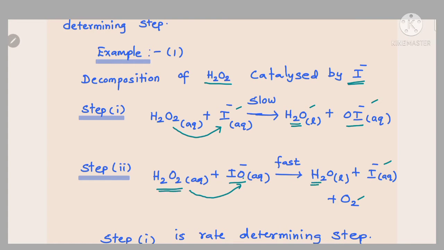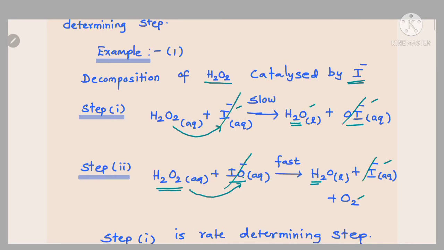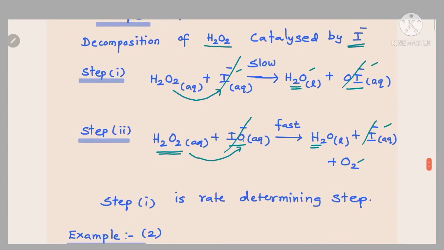Probably the net reaction will be: this IO minus and IO minus get cancelled, and this I minus and I minus will be cancelled. Now what is left is, on the left side you have twice hydrogen peroxide, and on dissociation, giving on the right side one water molecule here, another one, twice H2O plus O2. So this is the overall reaction of dissociation of hydrogen peroxide which occurs in presence of iodine catalyst.